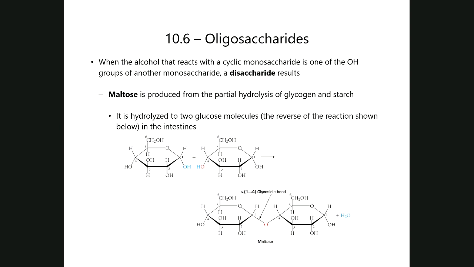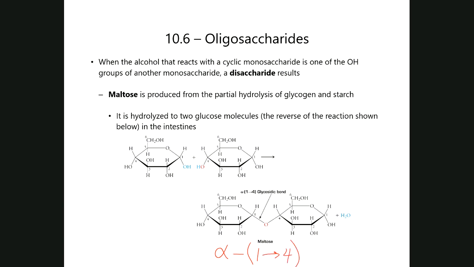So in this case, and if you zoom in on the file that I'm sharing, we call this an alpha, and the way that we do it, let me do this again, is alpha with a dash, and then you put in parentheses the origin, the sugar that the acetal is originating from, and then which carbon on the second sugar it's going to, right?